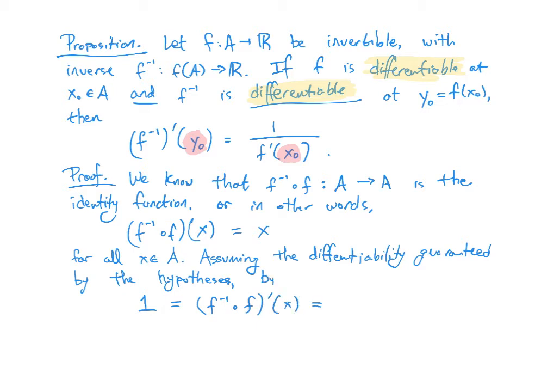Okay, but on the other hand, and I should have said that we're using the chain rule here. On the other hand, if you use the chain rule, what do you see? The derivative of f inverse of f is the derivative of f inverse at f of x naught times the derivative of f at x naught.